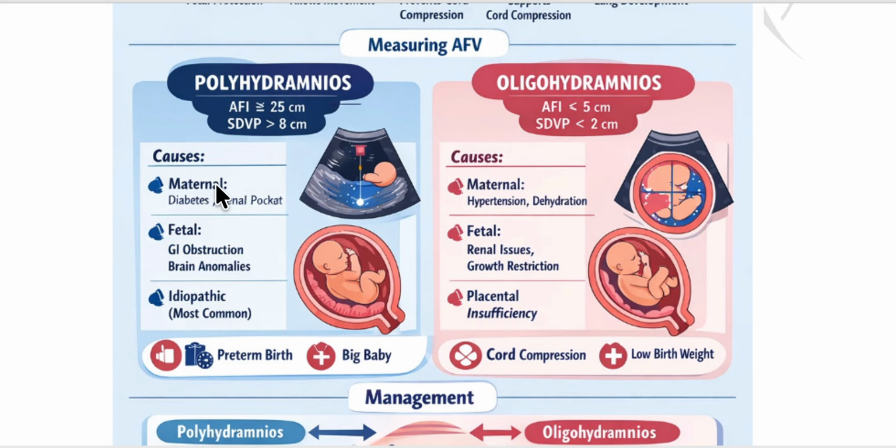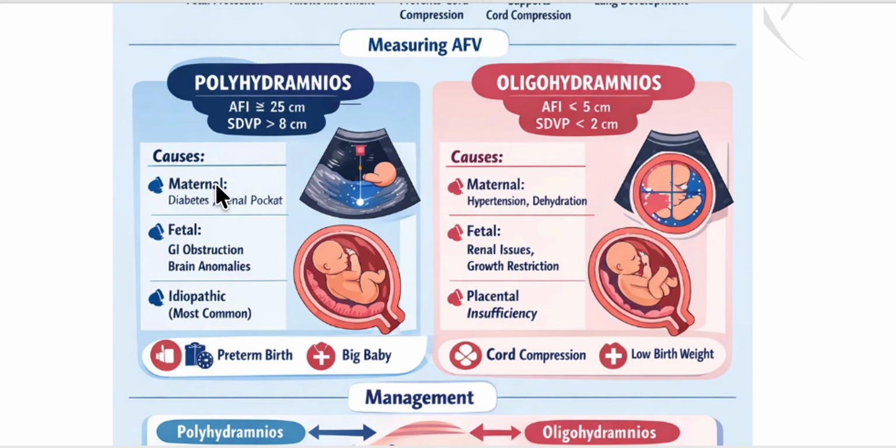Polyhydramnios means amniotic fluid index more than 25 centimeters, and single deepest vertical pocket more than 8 centimeters. This is one of the very important MCQs. Another MCQ they can ask: what is oligohydramnios? Oligohydramnios is amniotic fluid index less than 5 centimeters, and single deepest vertical pocket less than 2 centimeters.